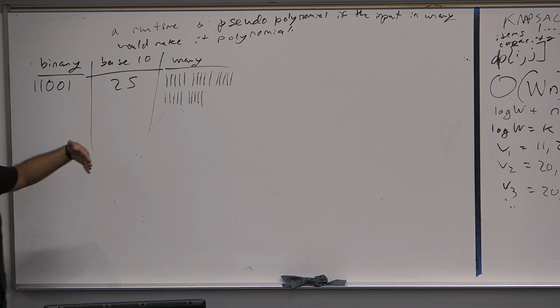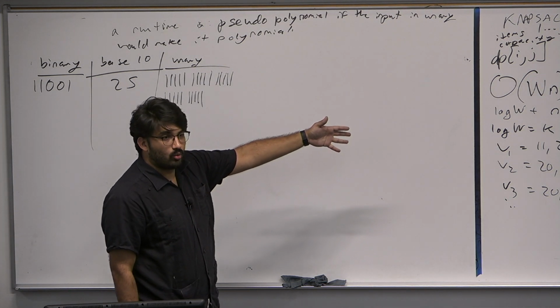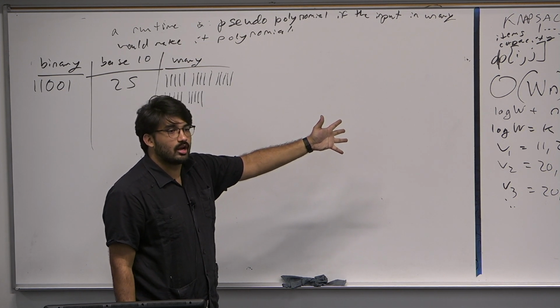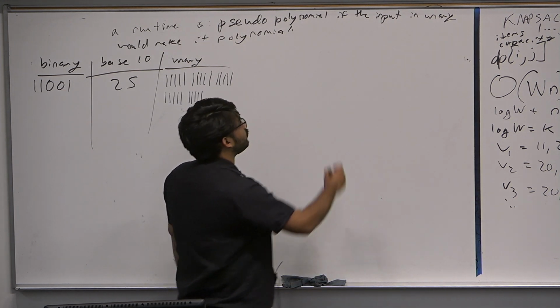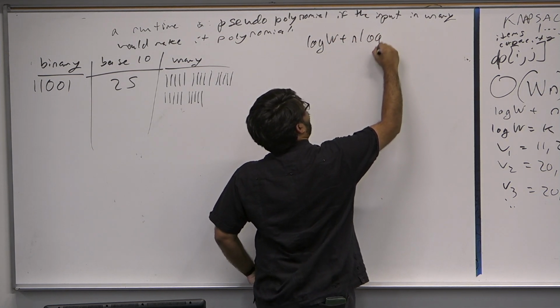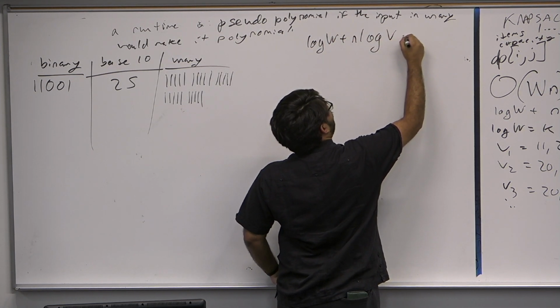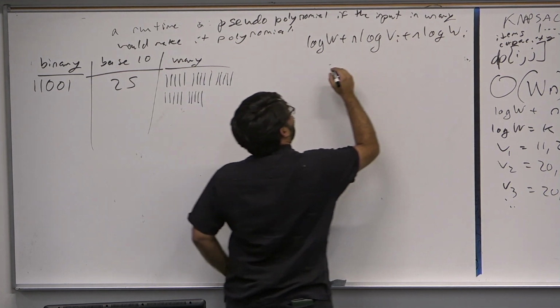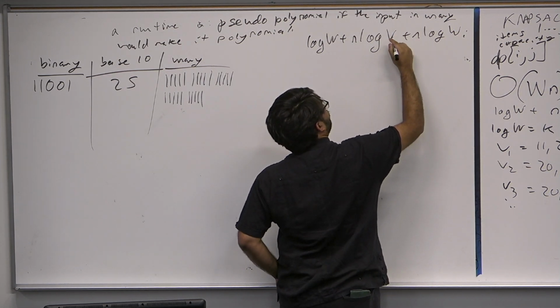So if the input to Knapsack were given in unary instead of binary, we would not have a log W plus n log V max plus n log W max size.